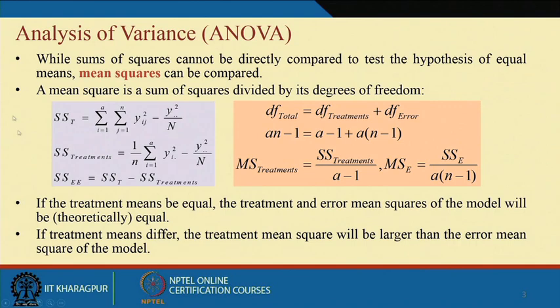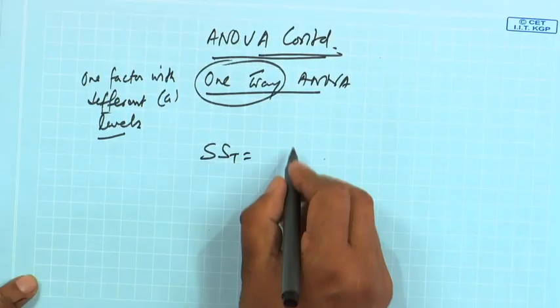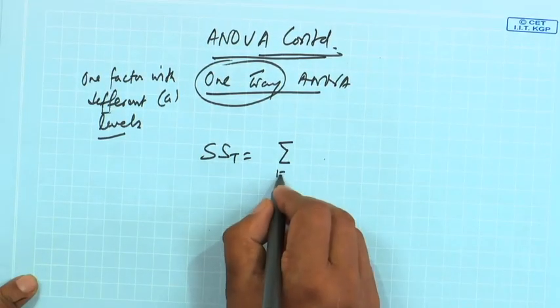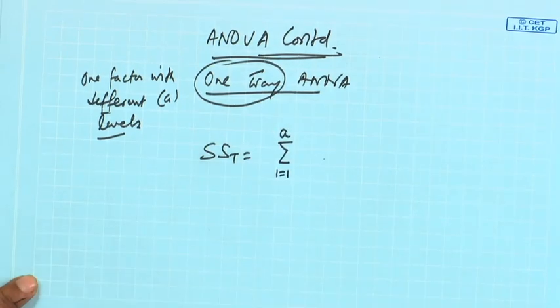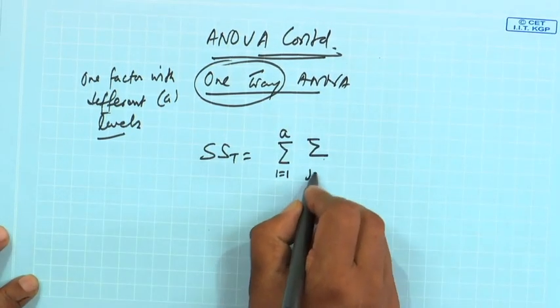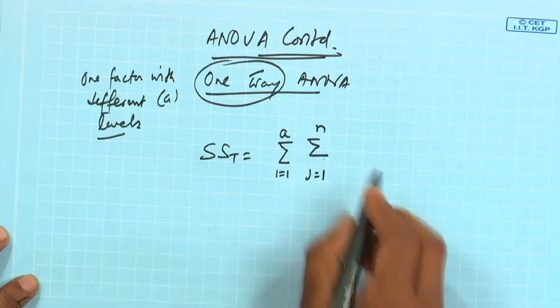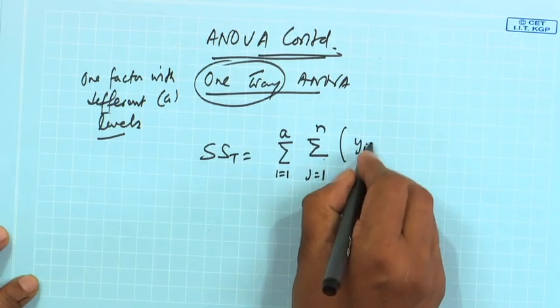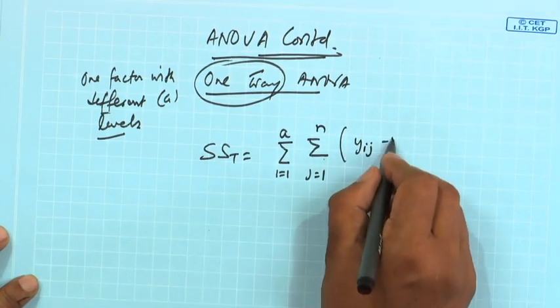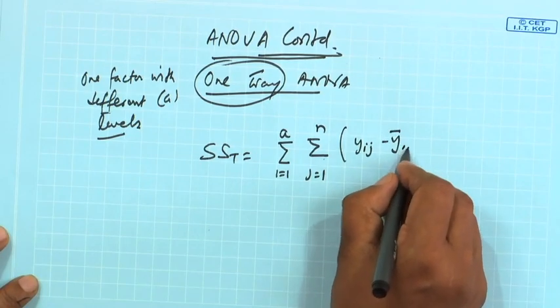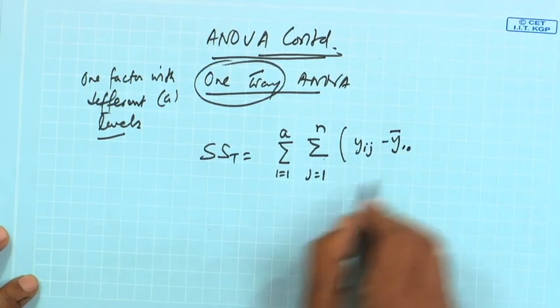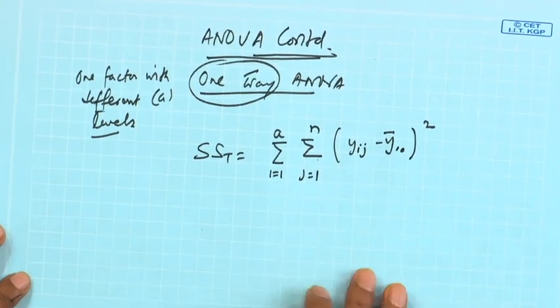So, let us see this. Last class you have seen the formula for computation of SST. You have a number of levels, you have n replications, you have individual observations Yij, everything is subtracted by the grand average and you take the square.